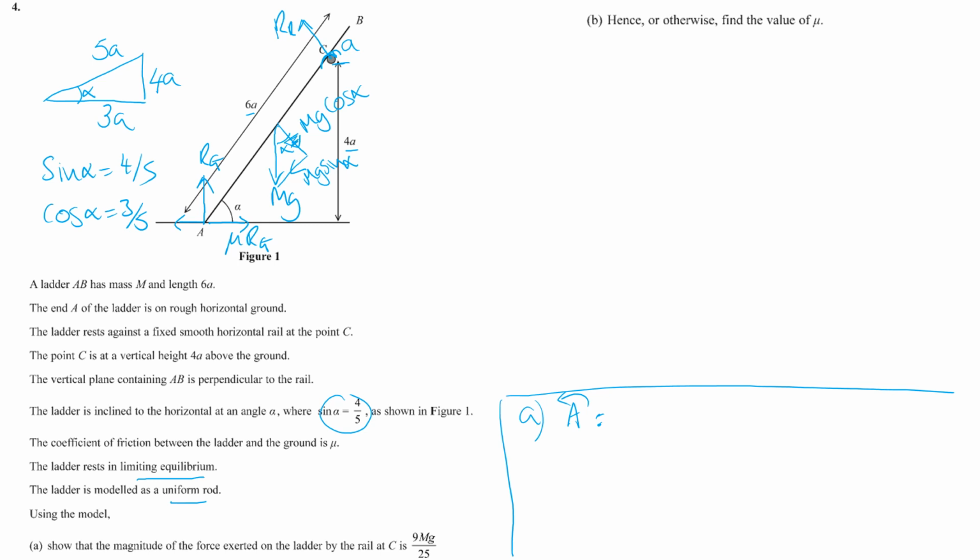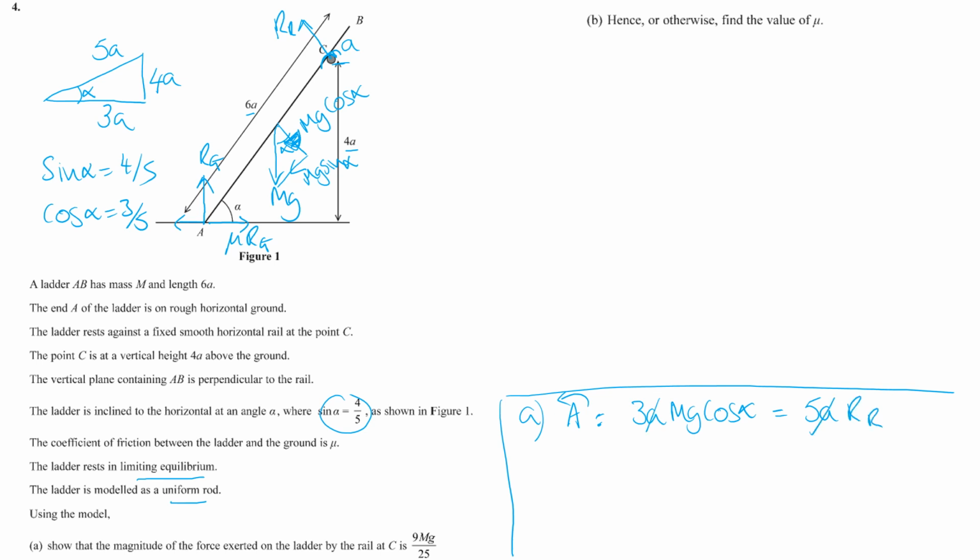So the only forces that will affect the turning are those that are perpendicular to the ladder. So that's going to be mg cos alpha, which is going that way, and we've got the reaction at the rail. So when we're taking moments, it's the distance to that perpendicular force from where you're taking moments about. So because it's in the middle, it will be 3a mg cos alpha is equal to, how far is A to C? That was 5a times the reaction at the rail.